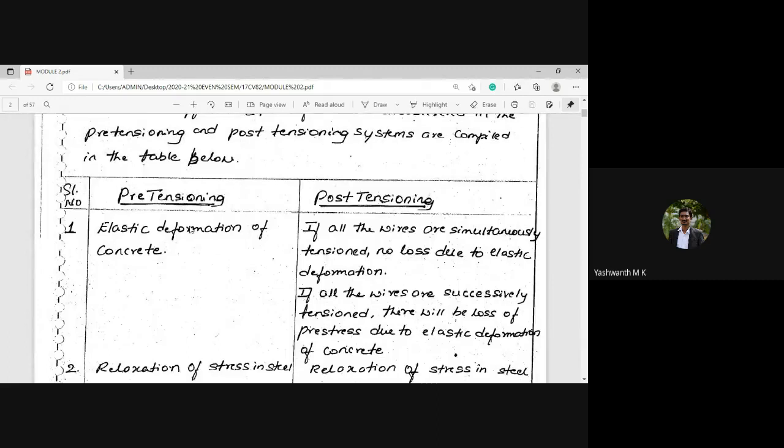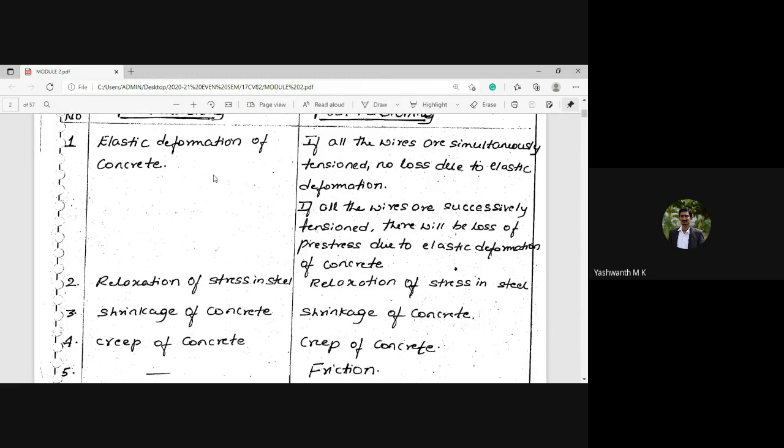List the various types of losses. At that instance, please write it in this way: compile these in a table and write down specifically so that they can award full marks to you. Is it clear? So now I have listed them.